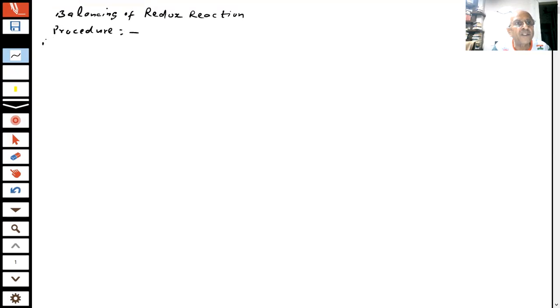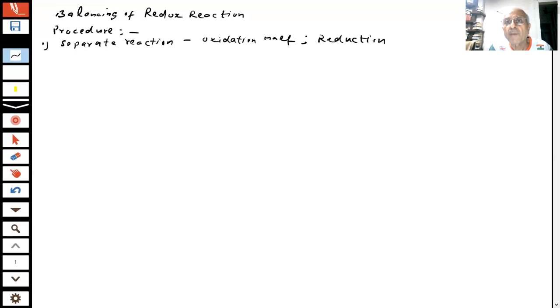The first point: separate the reaction into two halves, one oxidation half reaction and the second reduction half reaction.